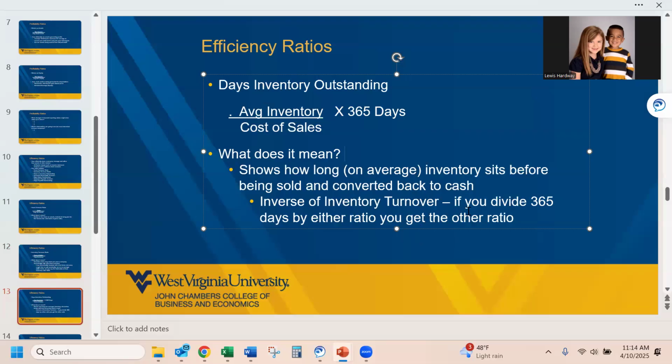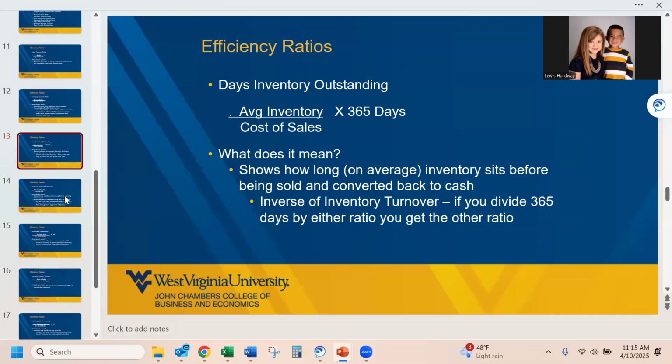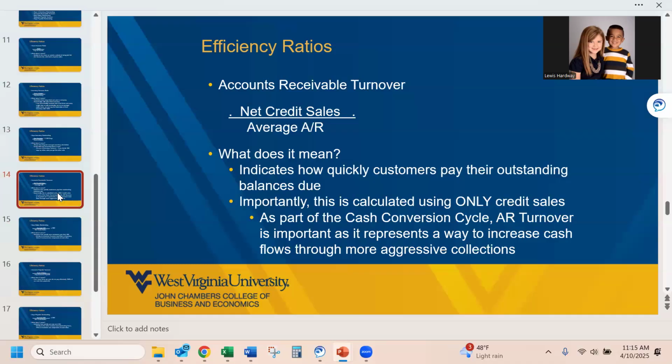If you were to take 365 and divide it by the inventory turnover ratio, it would give you the same number that this calculates. So they're inverses of each other. One is giving you the number of times it changes, the other is giving you the number of days. Either one can be used for different planning or analysis purposes, depending on what you're trying to accomplish.